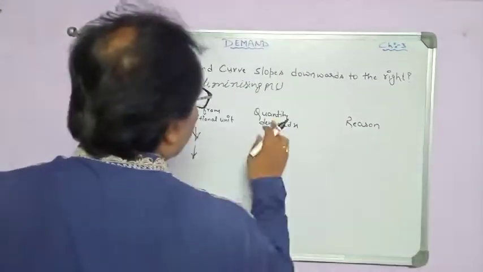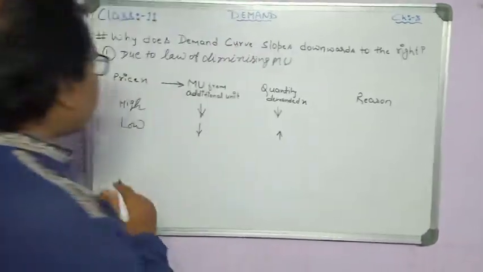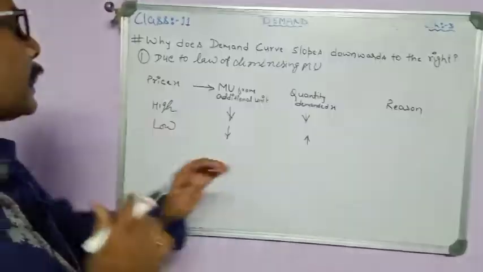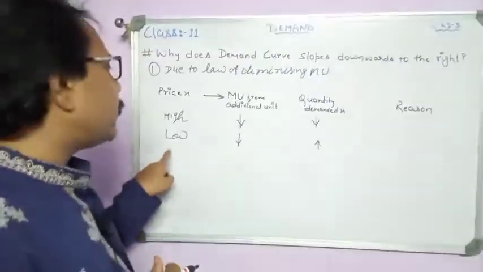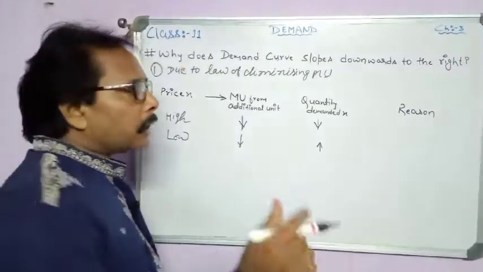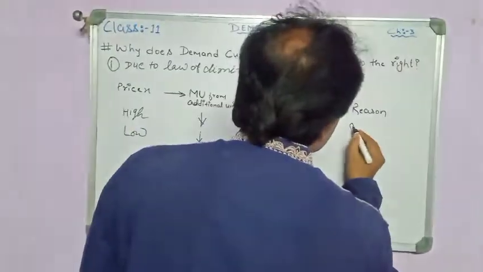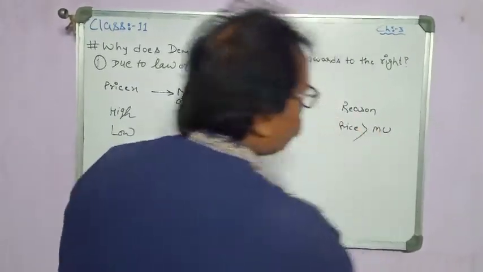But here the quantity demanded will increase because a consumer is capable of buying more units of the commodity at a lower price. So what will be the reason? The reason will be price is greater than marginal utility.